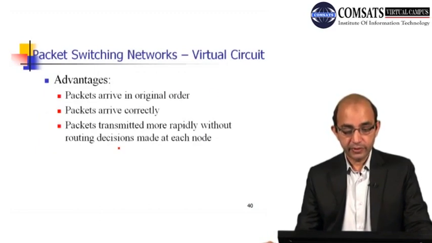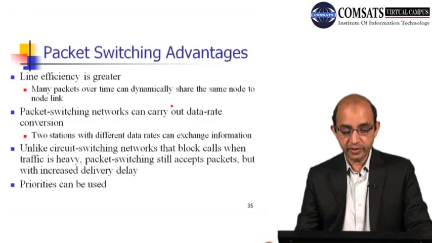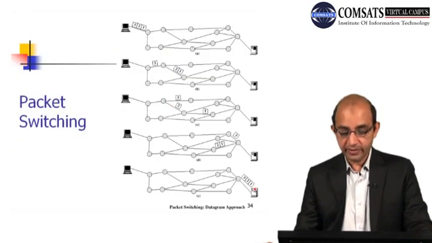Okay, so advantages of virtual circuit: establishing a virtual circuit keeps the original order. In case of packet switching, the packets from here to here can arrive in a different order.